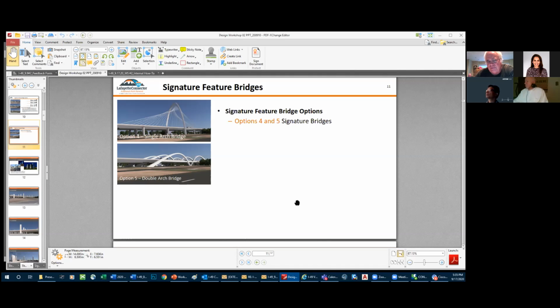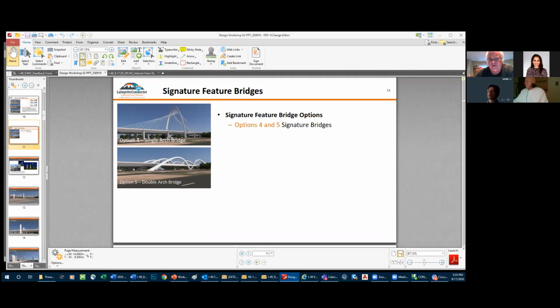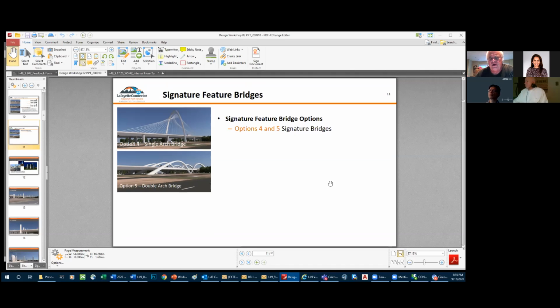Is that a good design basis? Will it stand the test of time from your perspective? And do you think it's viable and would make a strong statement in Central Lafayette, for both the community at the ground level as well as the regional travelers who would be passing through on I-49? Any thoughts?